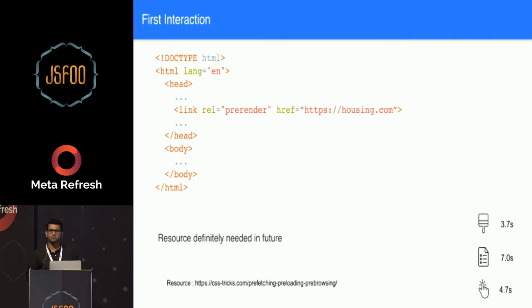Say you have a page which only has A and B options, and somehow seeing the data, you know that 90% of users click A. So if you give this tag in your head and tell the browser to render page A in the background, the experience the user gets when he or she clicks on page A is that it's almost instantaneous, right? The browser has already rendered the page, and it's available right there for the user.